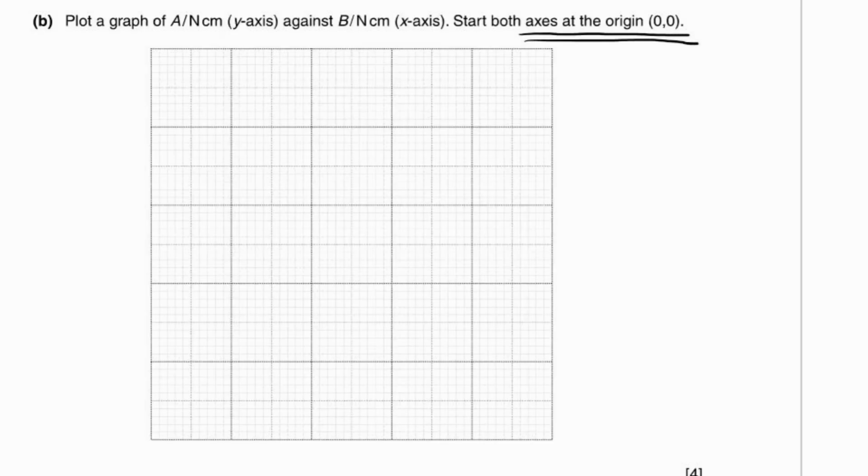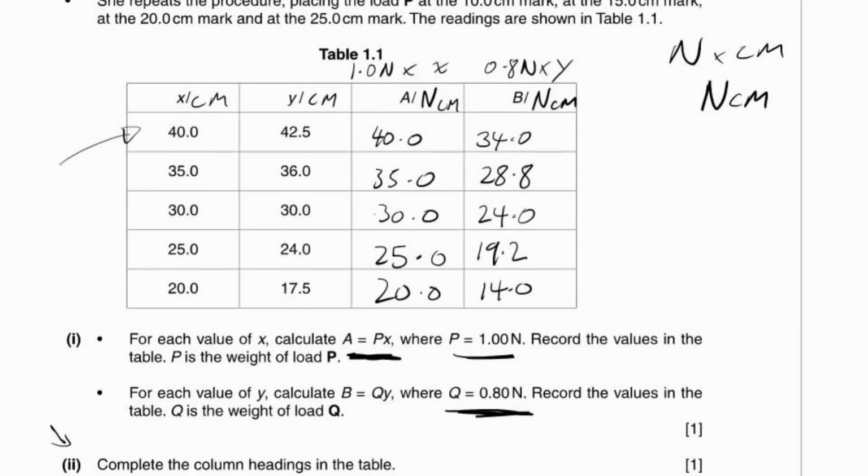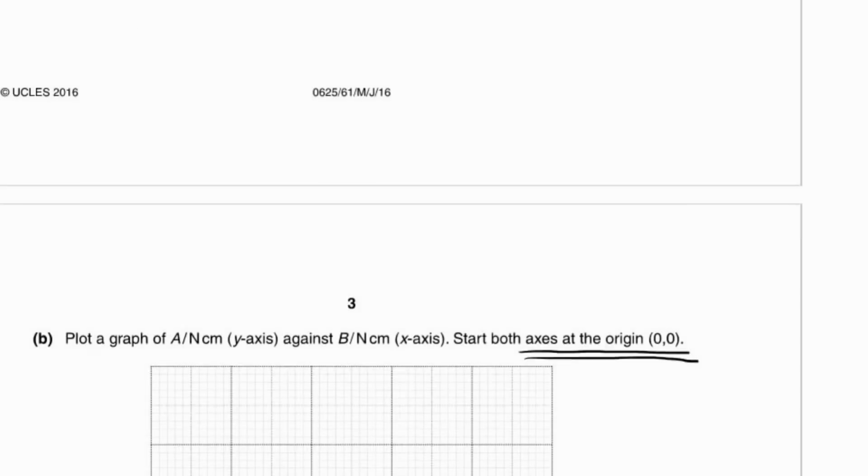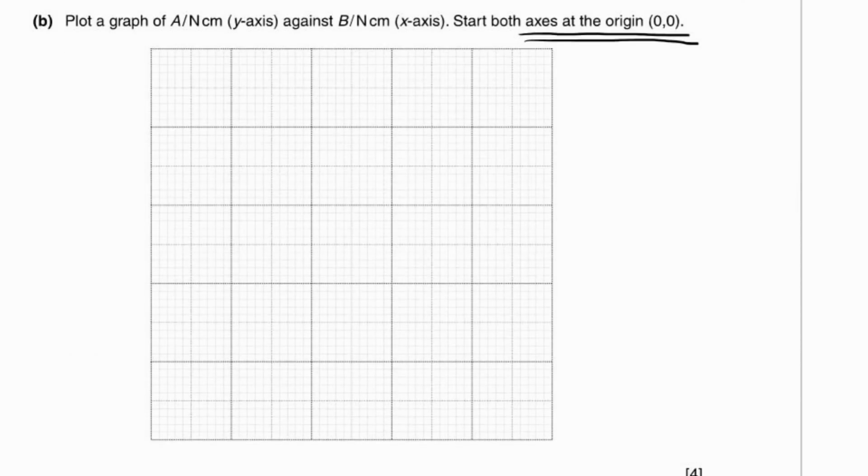Well, because normally when you've got this sort of large gap, as we have in the tables, you would be likely tempted to put a little jump in the axis. But here it's telling us very clearly start both axes from 0, 0. So we avoid what we would normally do and we follow the instructions given to us because there's guaranteed to be a mark for that.